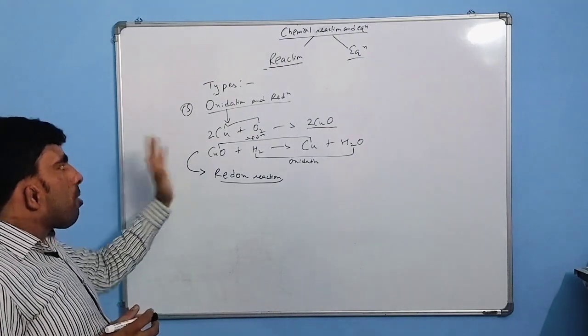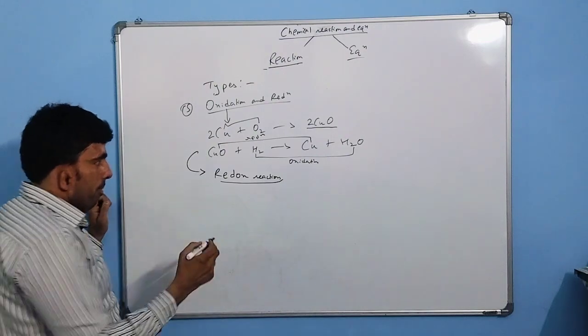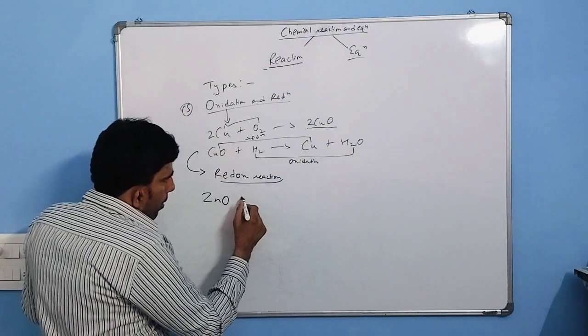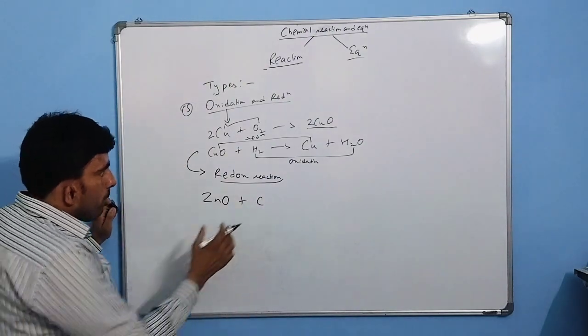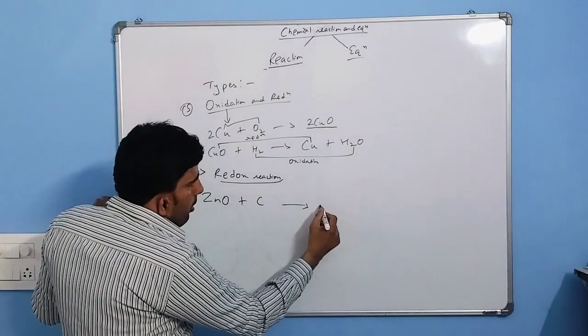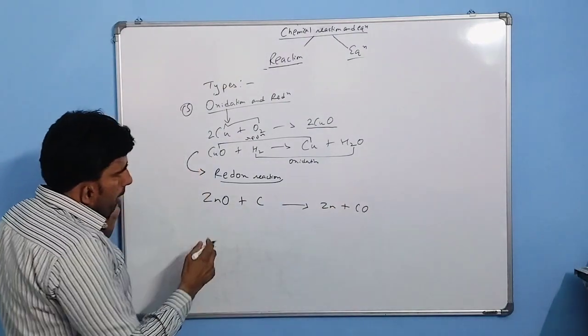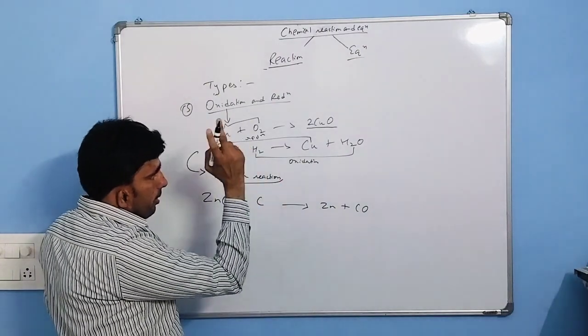There are a lot more examples. We can see ZnO, zinc oxide, which we reduce by using carbon in coke form. What do I get? Zinc plus carbon monoxide. Here it loses oxygen, so it is a reduction.